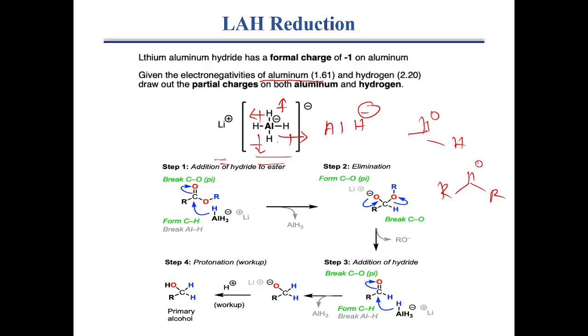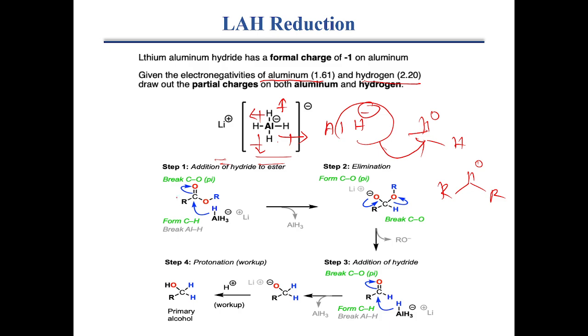Aluminum electronegativity is 1.61 and hydrogen electronegativity is 2.21. Due to this dipole moment effect, as aluminum is a metal, it tends to lose its electron. So aluminum is electropositive and hydrogen is electronegative. That's why hydride is transferred in the case of lithium aluminum hydride reagent.